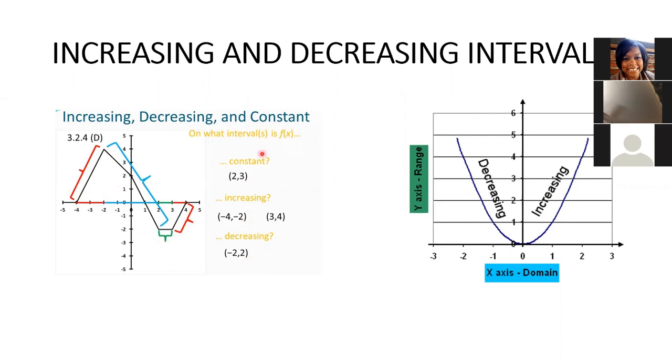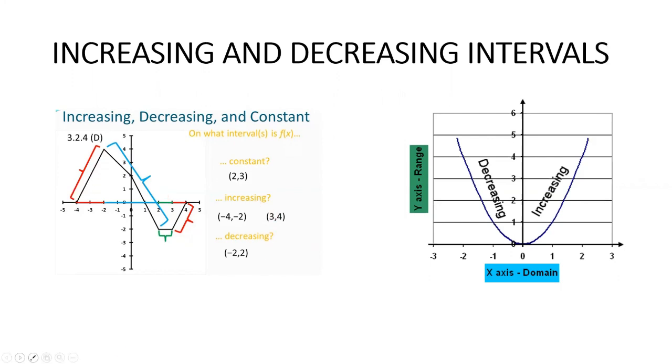Notice how my intervals are only defined by the x values. At no point do I identify what the y values are. It is strictly defined by my x values. Over here, notice that this graph goes on forever.